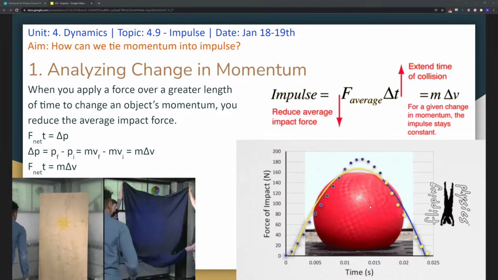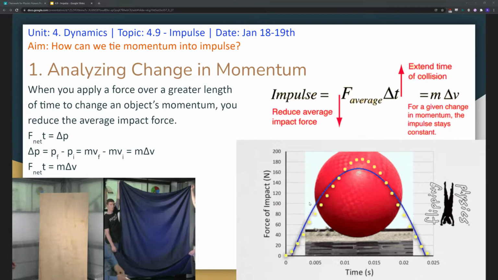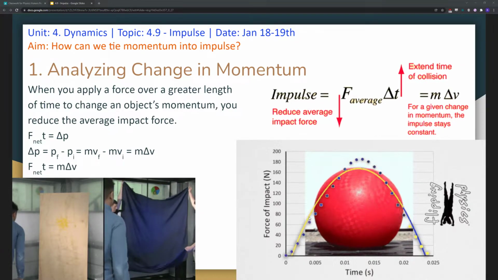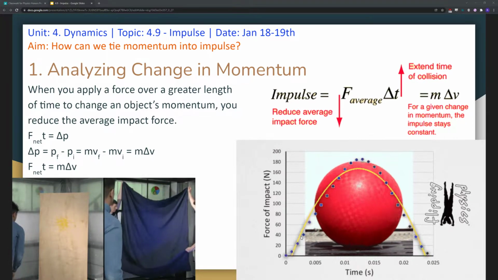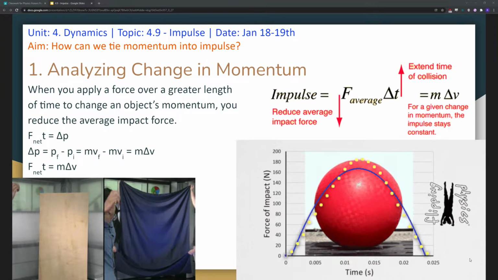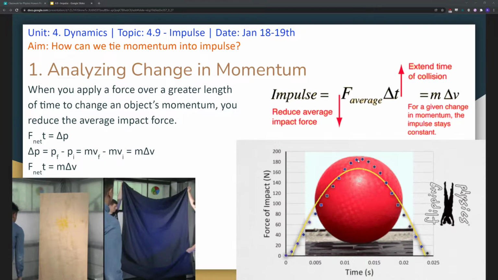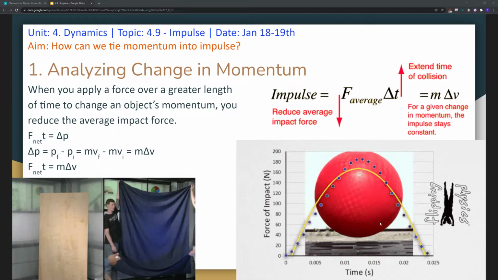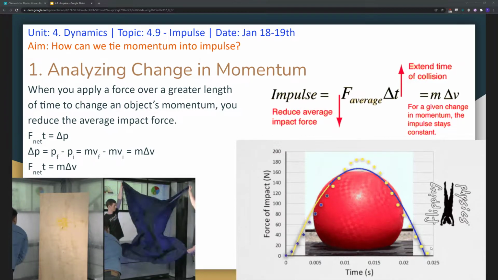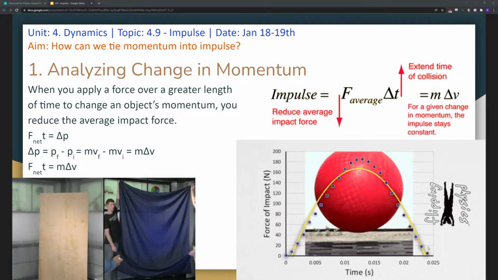But if you take a look at the bottom right hand GIF, that's actually how it would behave in real life. At the beginning there's a very low amount of force, and then as time increases you come to a peak amount of force, and then as the object comes back up, you don't have that much force anymore, right?